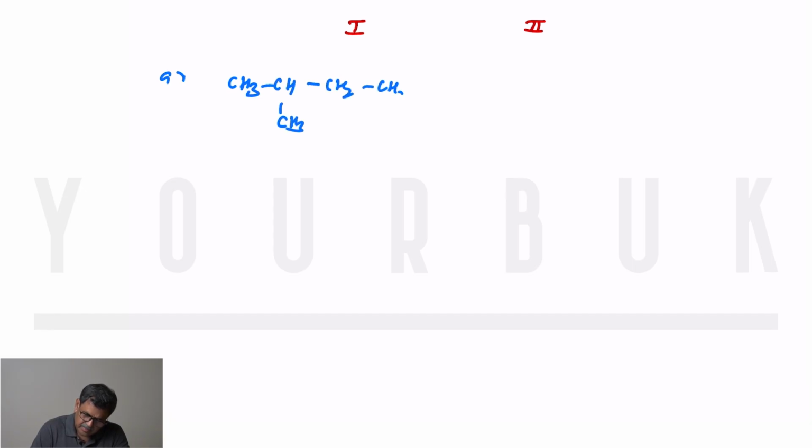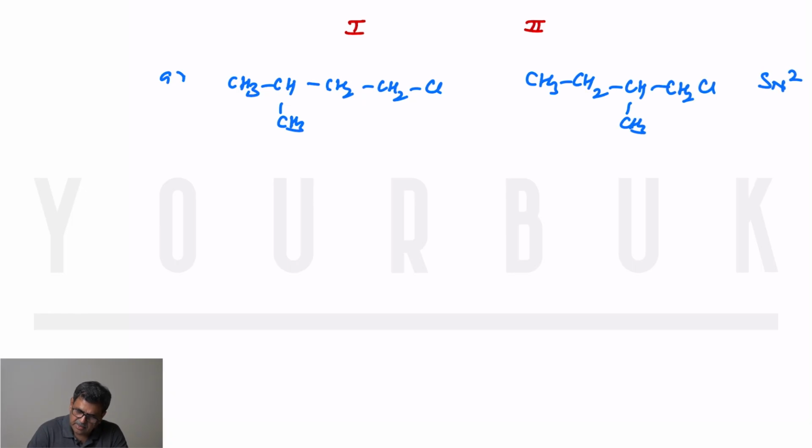Now we'll discuss two more examples. Which one is more reactive towards SN2? In this case, this one is more reactive.